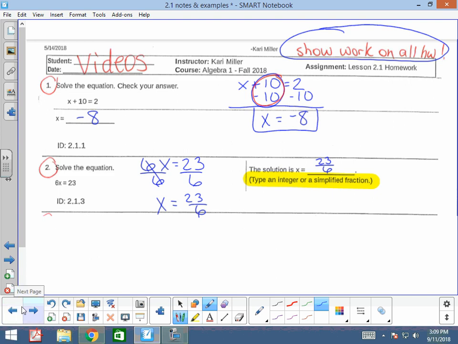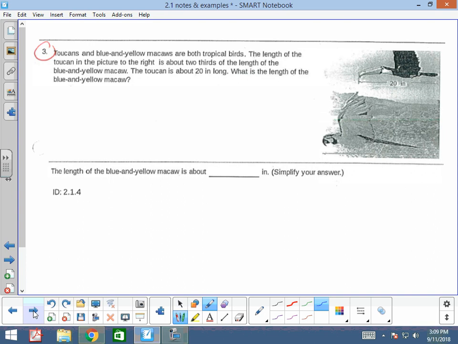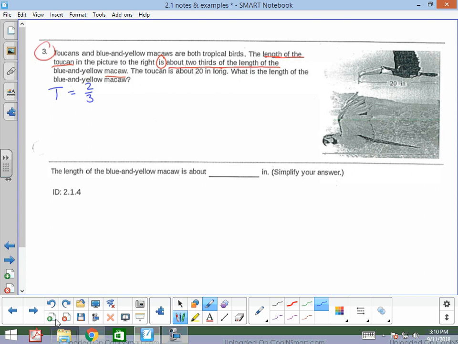Okay? All right, our first word problem. Number 3. Toucans and blue and yellow macaws are both tropical birds. The length of the toucan in the picture to the right is about 2/3 of the length of the blue and yellow macaw. So what this sentence is saying is that the toucan, I'm just going to write a T for toucan, is 2/3 times, because of means times, the macaw.